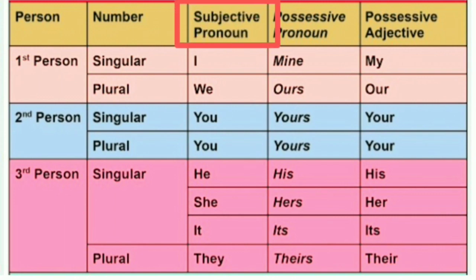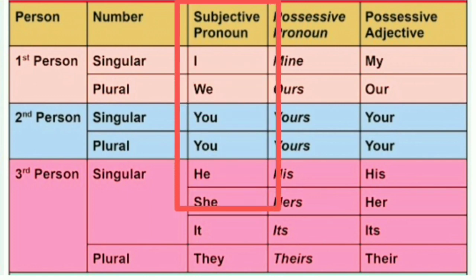Look at this table. These are personal pronouns: I, we, you, he, she, it, they.